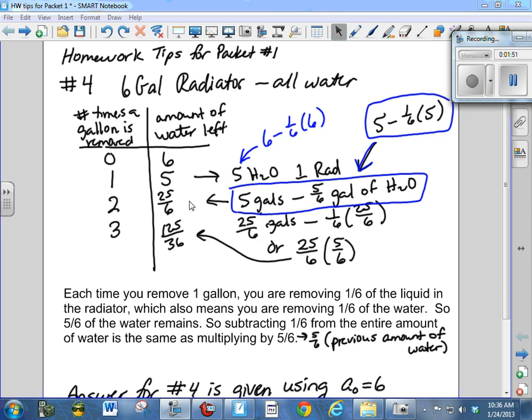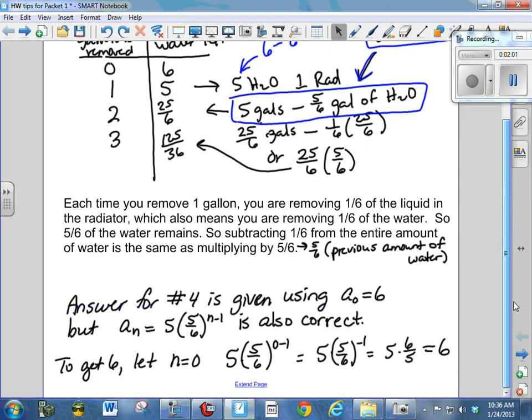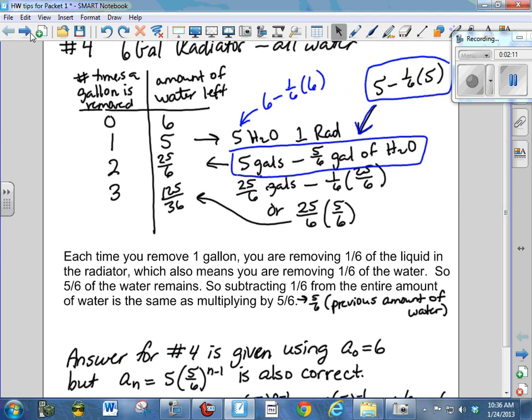So each time you remove 1/6 of the water, which means that 5/6 of the water remains, and hopefully you'll be able to figure out the pattern. I also have a note down here that there are a couple of possible ways to write the answer, and I show you how they're equivalent if you look at the bottom here.